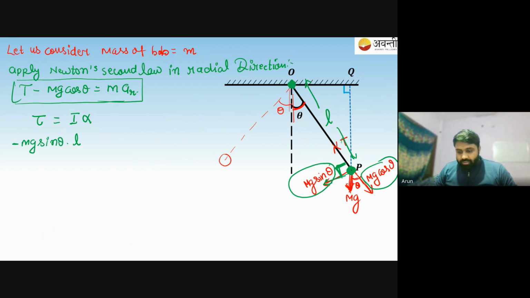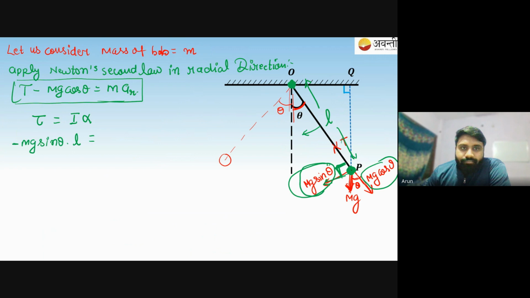And one trick that you can keep in your mind: if the torque is trying to reduce the angular displacement, that torque would be taken as negative. And if it is trying to increase the angular displacement, that torque will be taken positive. So here the torque caused by this force will try to reduce the angular displacement. So we will take it negative.